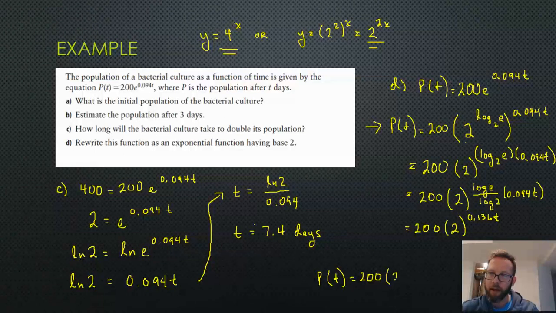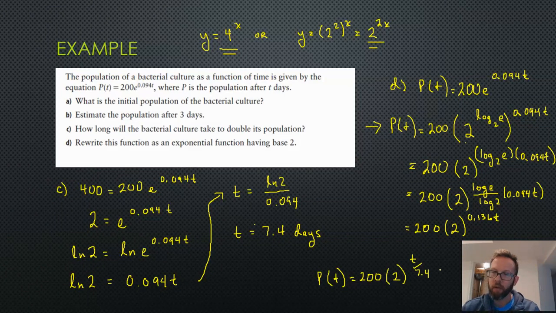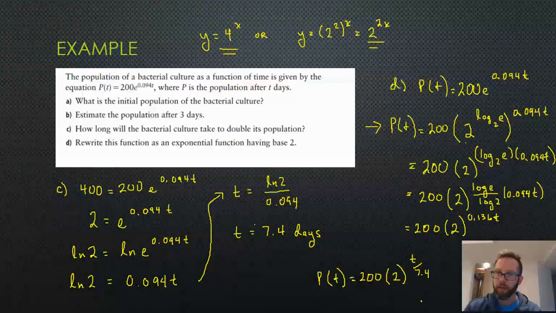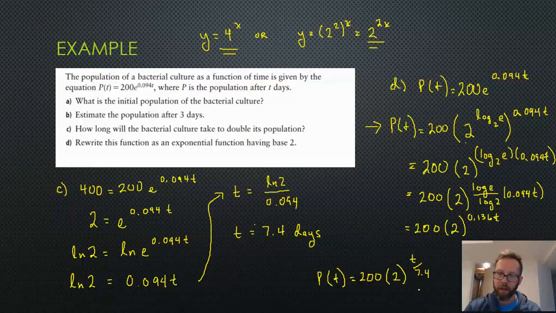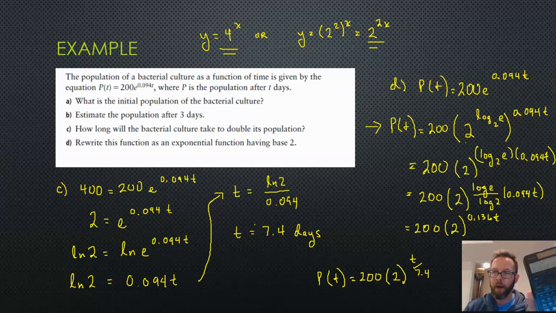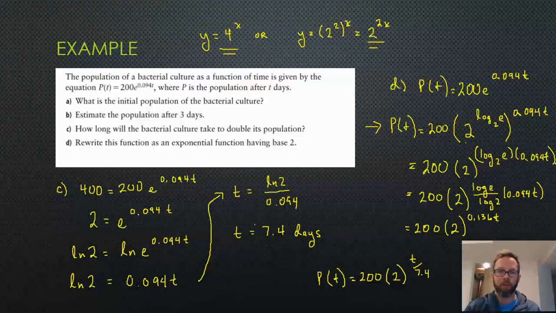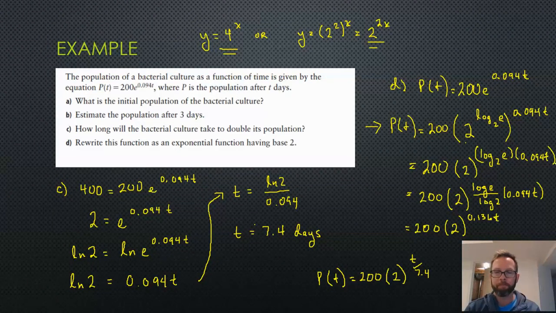So you might have written that, in grade 11, as 2 to the power of t divided by your doubling time. If you compare what we just did with the doubling time, you can see they're the same. If you do 1 divided by 7.4, you're going to get pretty close to what we got earlier. I got 0.135. We have 0.136 here, just with rounding. But I thought that's a pretty interesting connection to make.